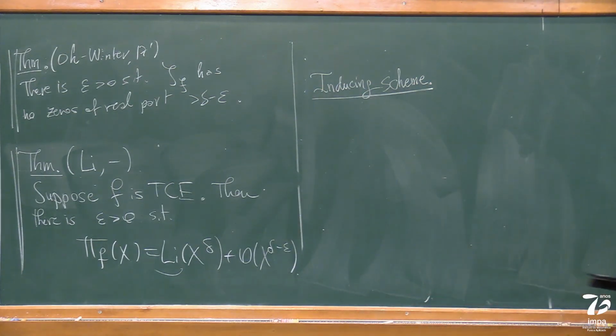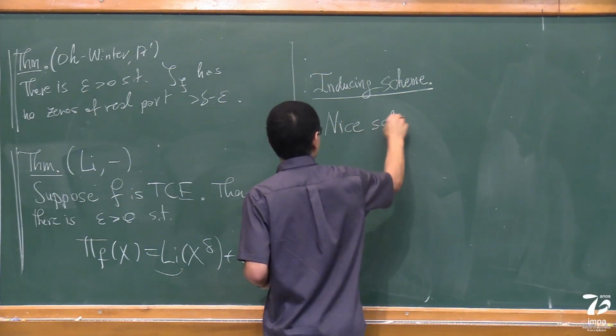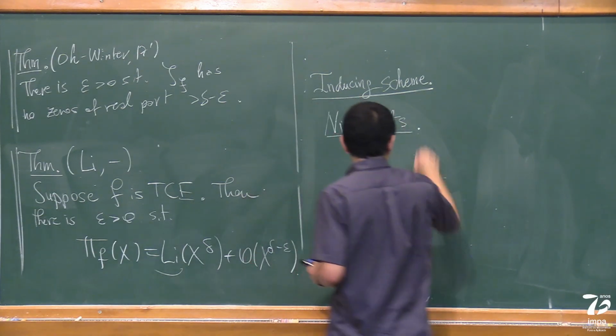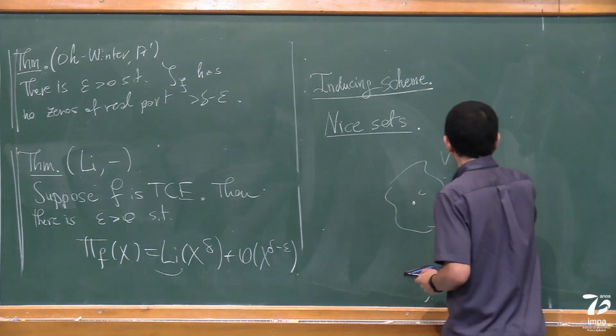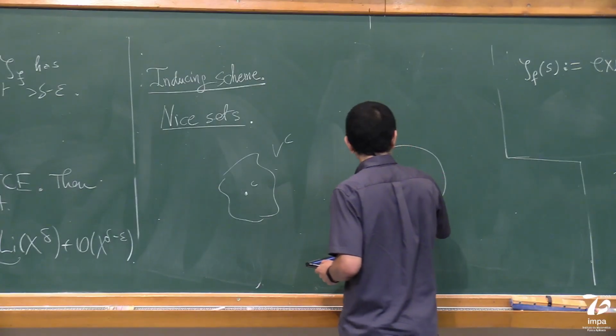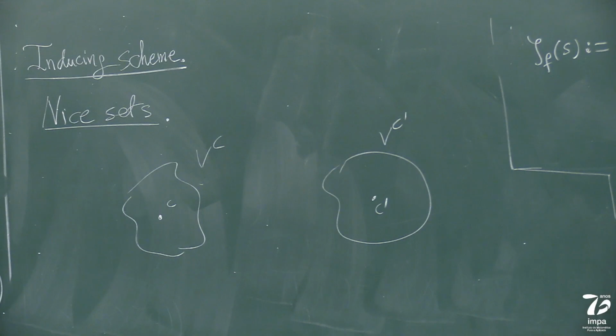All right, so there are many ways of going around this, but one is using this idea of nice sets. So the idea of inducing is to accelerate the map. So the map is not uniformly hyperbolic, so you basically accelerate it. So you do several iterates at once to pick up some uniform expansion.